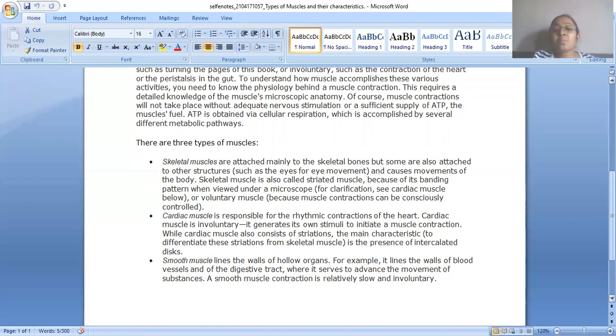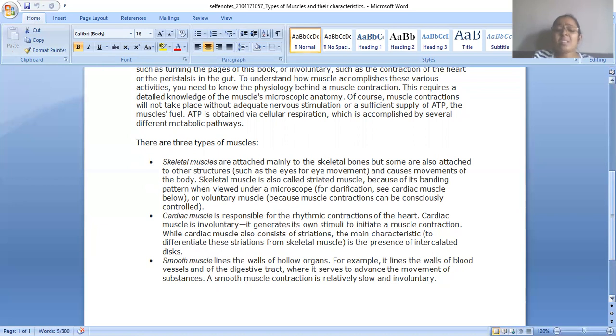Okay, a smooth muscle contraction is relatively slow and involuntary. Here also there is some movement, as in the blood vessels or in our intestinal tract. We know in blood vessels there's a requirement for the movement of the blood. In our intestinal tract, we require the movement of food.